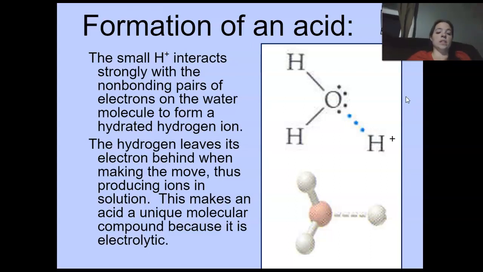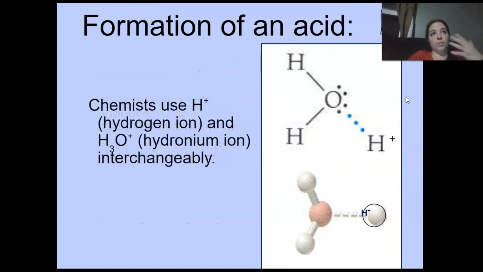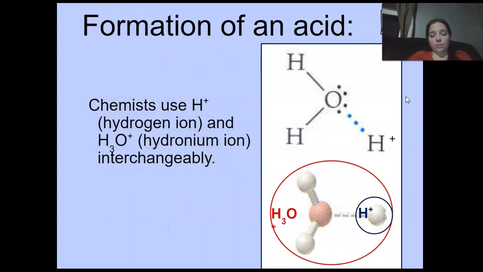This makes an acid a unique molecular compound because it's electrolytic. It can conduct electricity. So chemists use the hydrogen ion and the hydronium ion interchangeably. Whatever one they want to write, that's the one they can write.